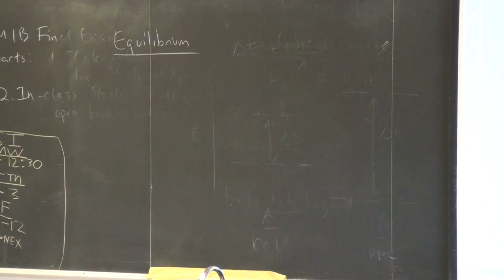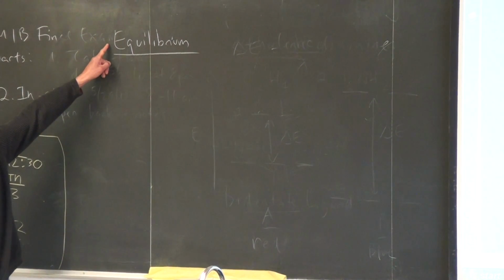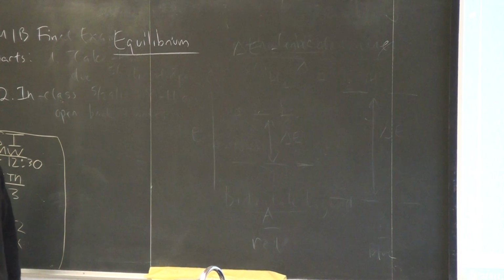Now another term for an equilibrium reaction is a reversible reaction. See, in Chem 1A up to here, we said that reactions only go in one direction.